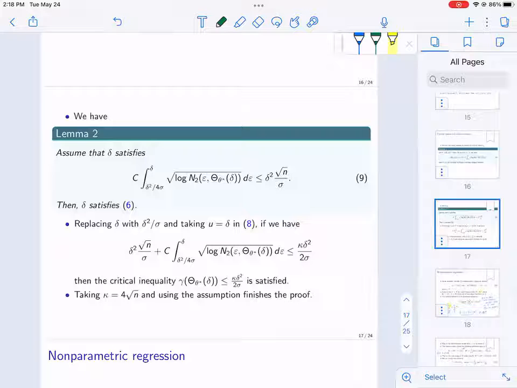So we'd like to use this to find delta. I just have to figure out, this is the L2 covering number of this set. So what is this set and what is the L2 covering number? That's what we want to do.